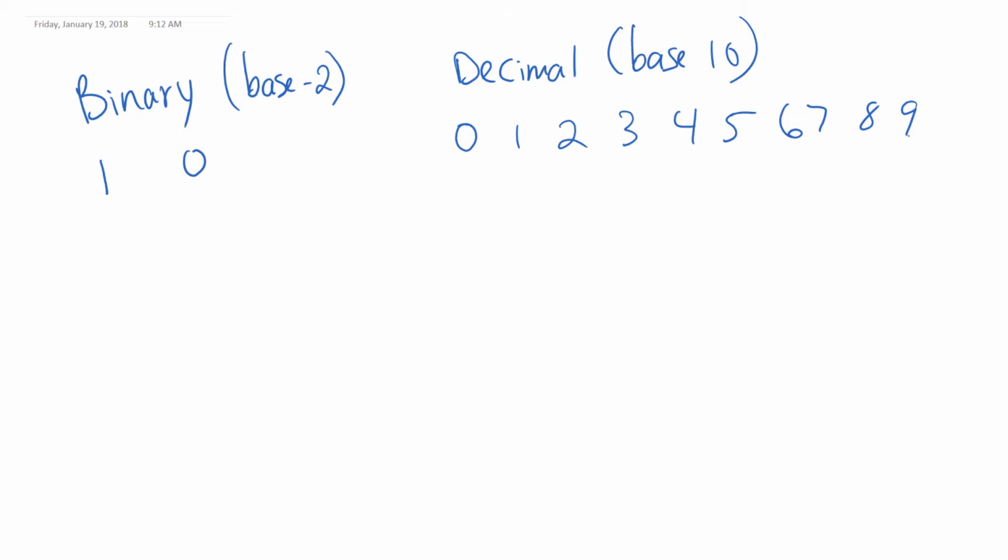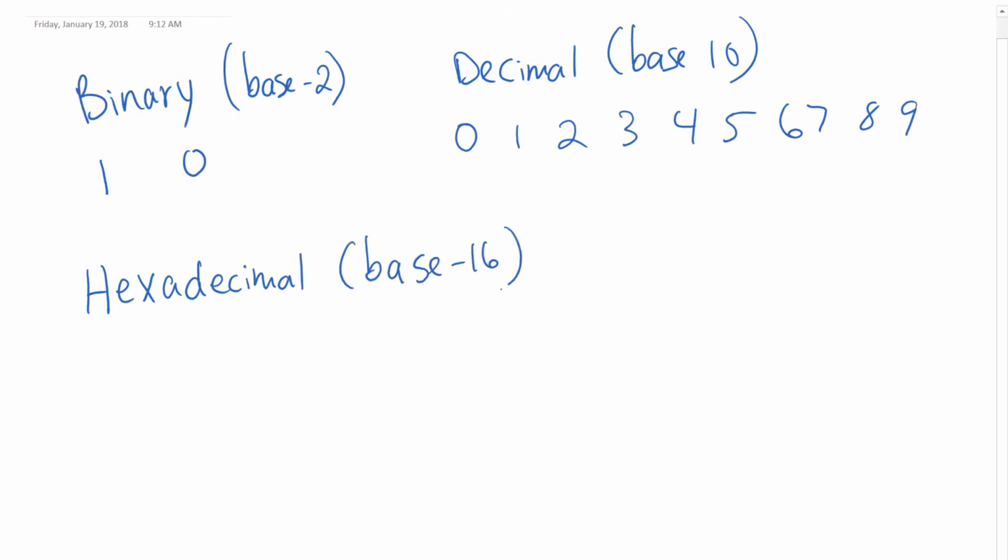There's another base of number systems that you will find as you go further into IS, and that is hex or hexadecimal, which is base 16. And that includes 0 through 9 and A through F.